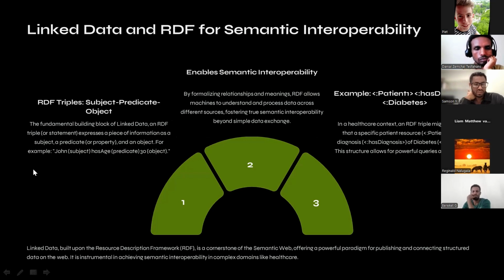We represent them as subject, predicate, and object, where you have a linkage of the different terms, enabling semantic interoperability by formalizing the relationship and meaning. And this RDF allows machines to understand the processing of the data in different sources, fostering semantic interoperability beyond simple data exchange.